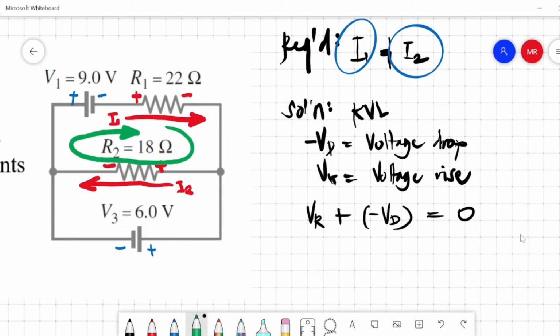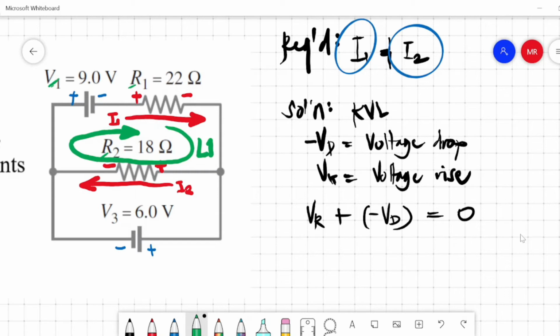If that is our loop 1 going in that direction, then we can already find which among these elements are the potential drops and the potential rises. For loop 1, there are only three elements involved: voltage 1, R1, and R2. Okay, so these are just the three elements involved.